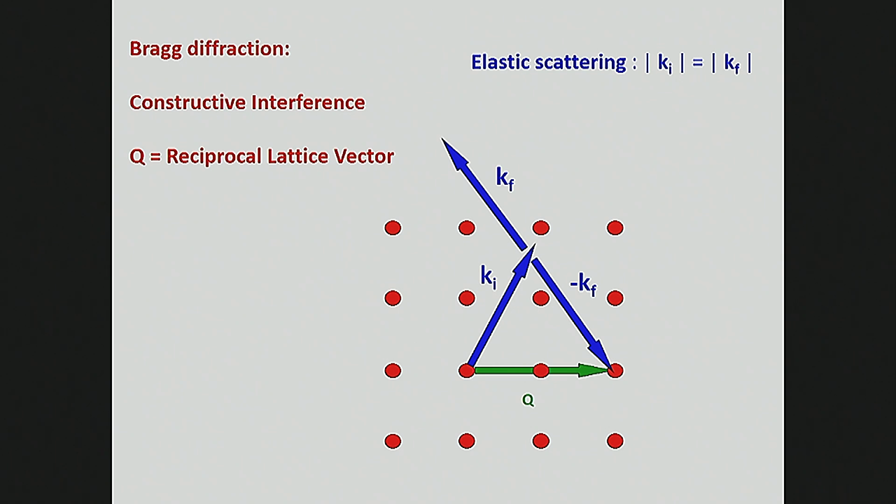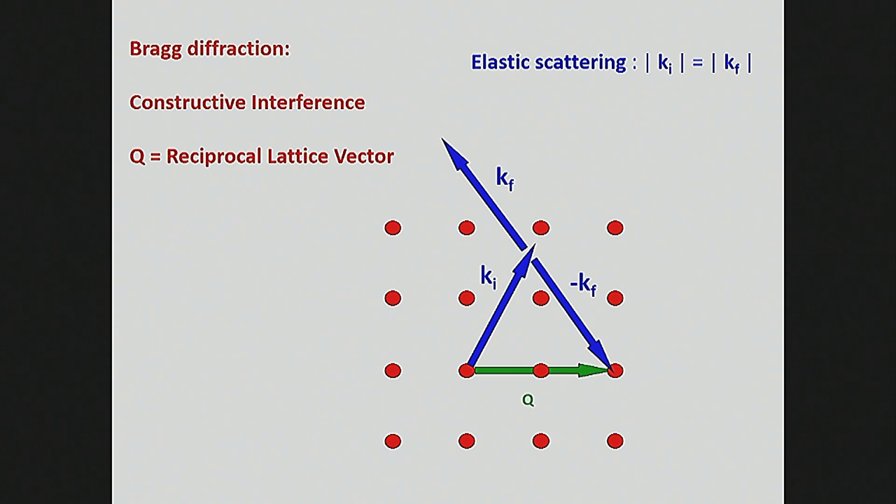So this is a monoenergetic incident neutron, and then another monoenergetic scattered neutron. So here's kf and ki superposed on our crystal, and the momentum transfer in the scattering event is ki minus kf. So it's this green vector here. That's the momentum transfer, and the energy transfer in this case is 0 because the magnitude of ki is equal to the magnitude of kf.